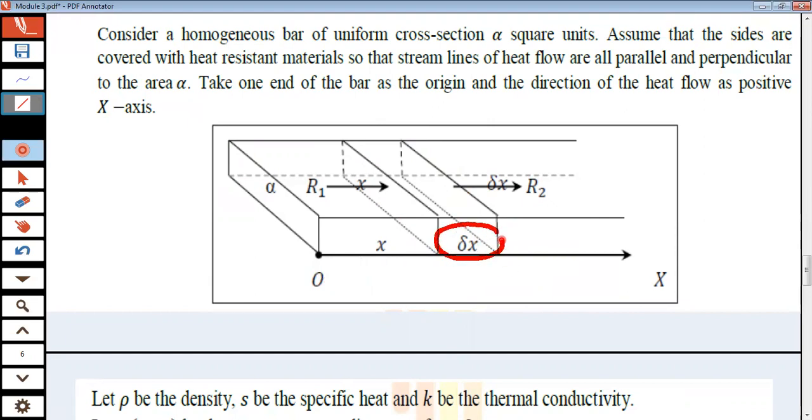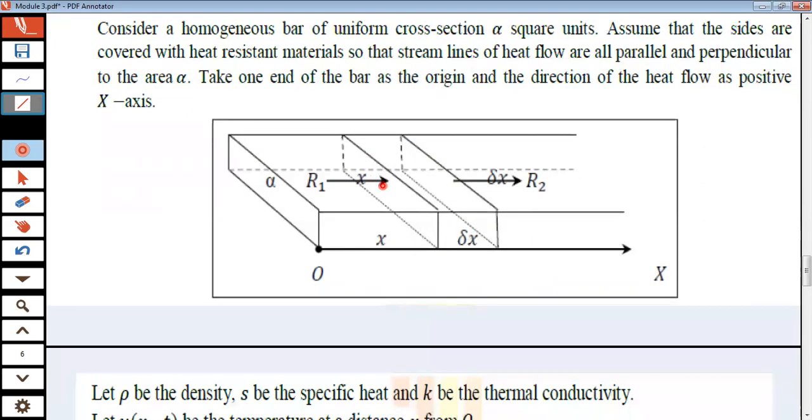So the thickness of this small element of the bar is delta x, and this r1 indicates the rate of heat inflow, and r2 or r0 you can denote by r0 also, the outflow of heat.